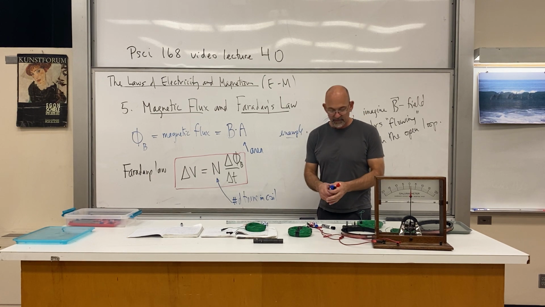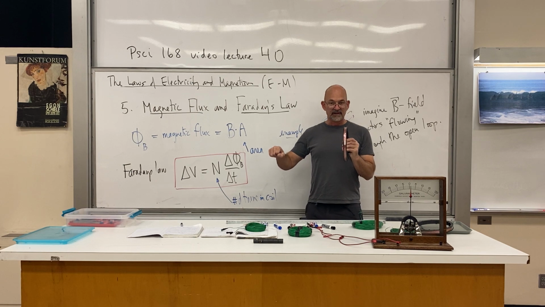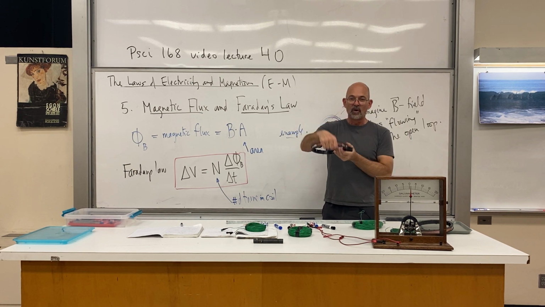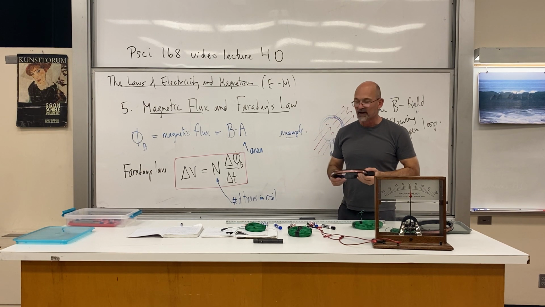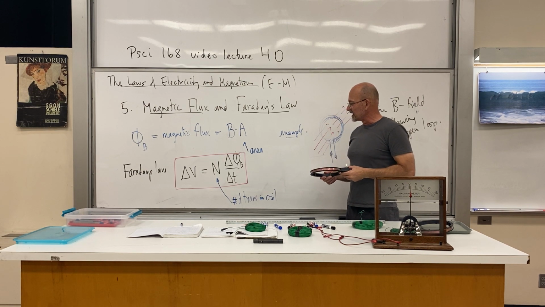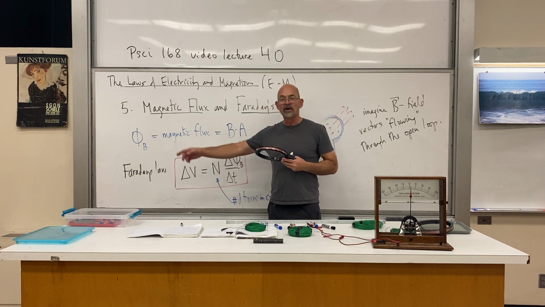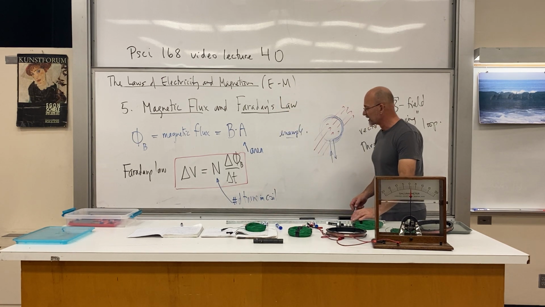We use some giant coils, giant magnets, which are actually electromagnets, and we spin the coil. You spin the coil, you get the change in flux, and you get that voltage, and then you're doing alternating current. Alternating voltage, alternating current.